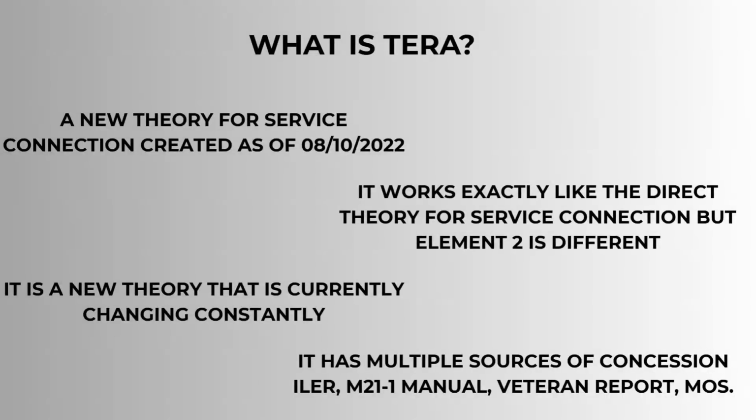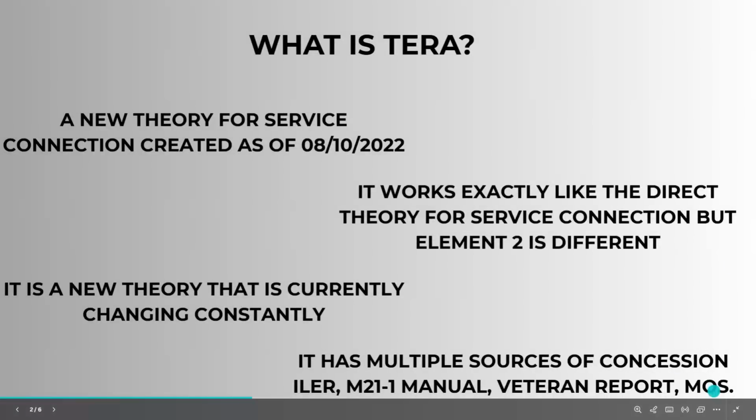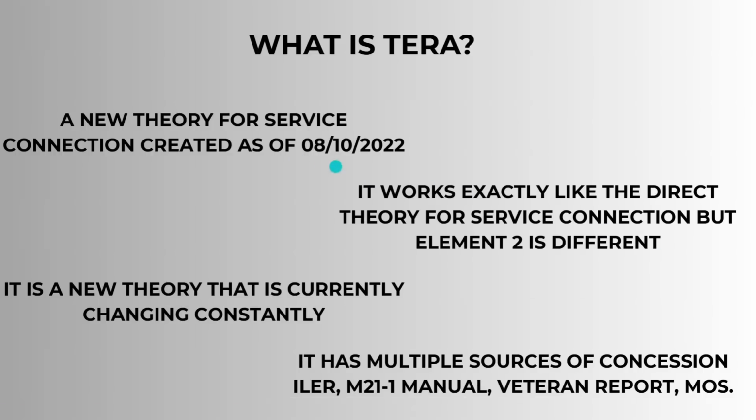And just something about the MOS based exposure is that whenever we first started granting these, the PACT Act SOP talks about the two different types of exposures that you can claim for concession.